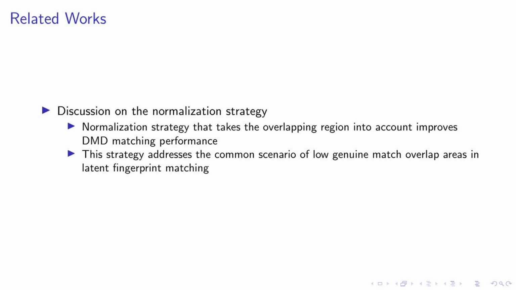Performance of DMD against other methods: DMD outperforms other methods in rank 1 identification rate and true acceptance rate metrics. DMD maintains good performance even after binarization, improving matching efficiency and potential for secure template encryption.